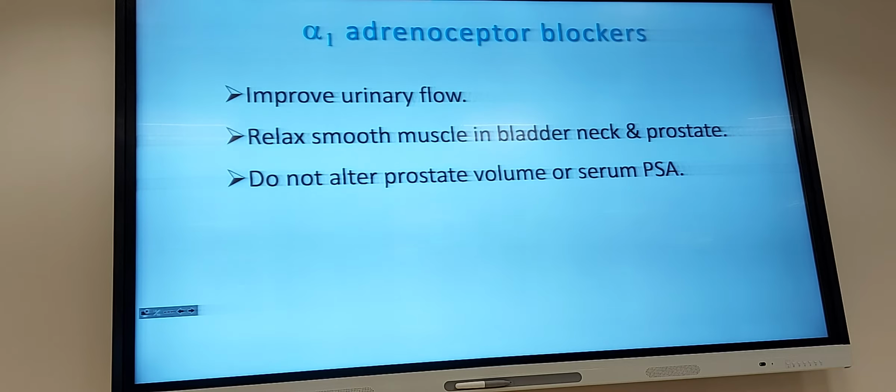Yes. Okay. So they will just produce symptomatic relief, which is important. And this is the mainstay of our therapy, but they will not alter the disease progression. They will affect the symptom progression, but they will not affect the disease progression.